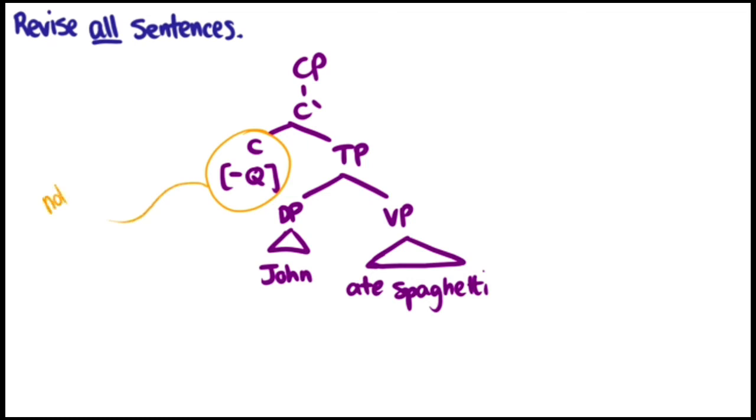So this means it is not a question, or in other words, we could say this is like the declarative sentence marker. With a declarative sentence we'll have an empty C. Here we also don't have anything, so we could leave it blank, or we could write the null symbol to mean that it's empty.